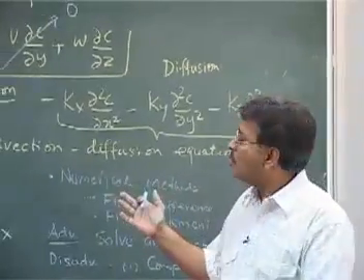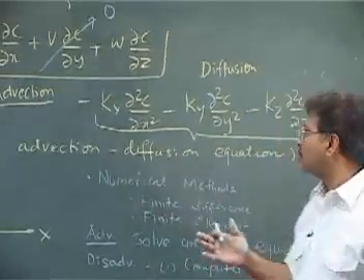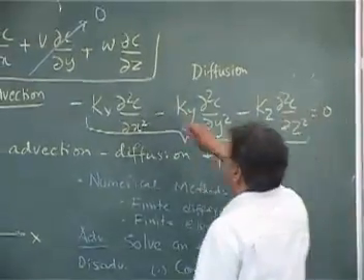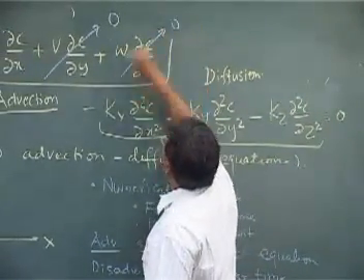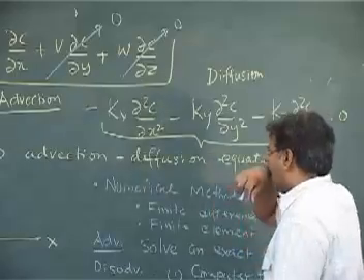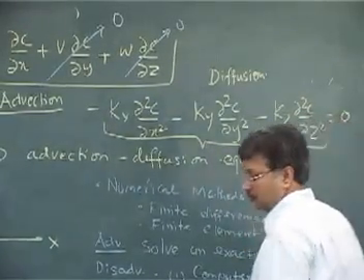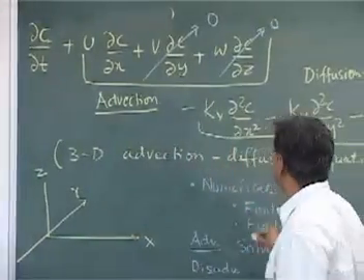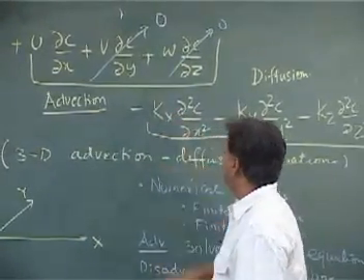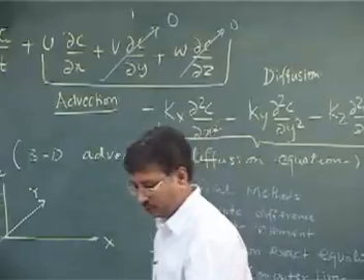But then you should know where that equation has come from. So then if that is the case, I make this equal to 0. All right. I make another assumption.